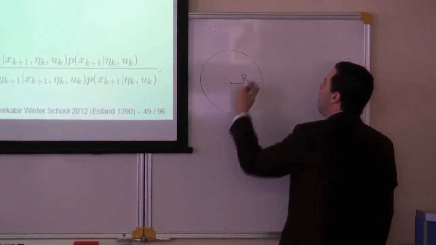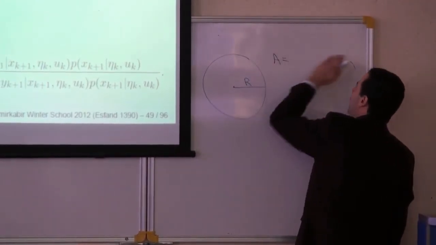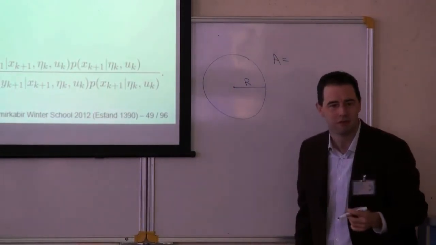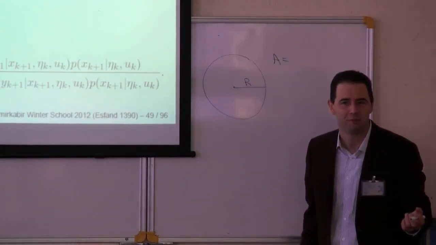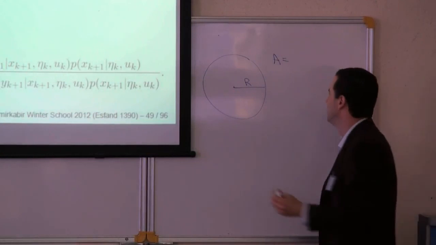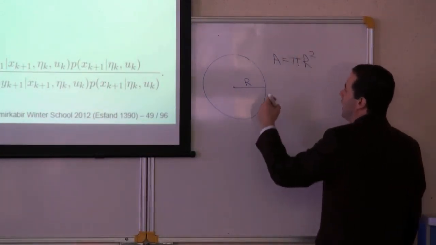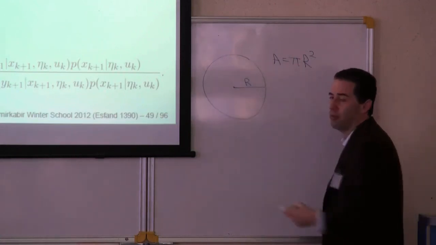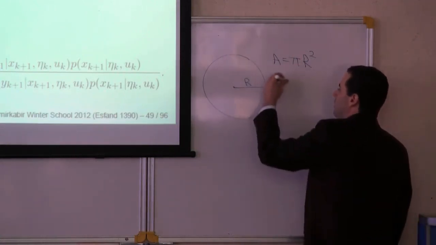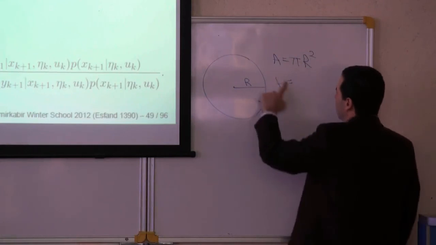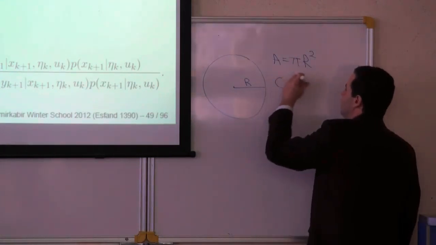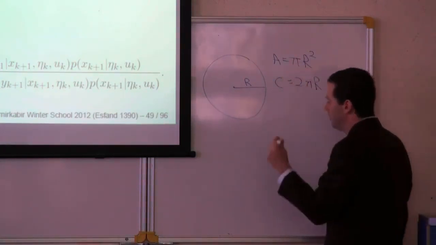It has radius r, so the area is equal to what? I don't remember these things. Pi r squared. And the perimeter or circumference is what? 2 pi r. So the circumference is 2 pi r. Okay, very good.